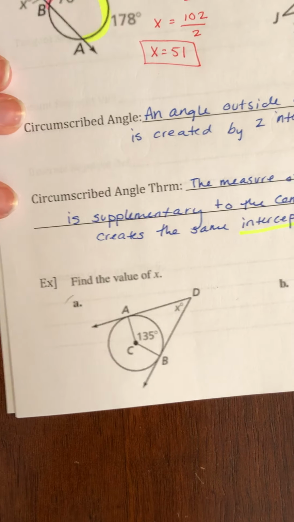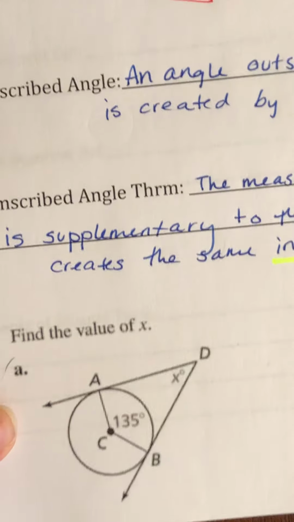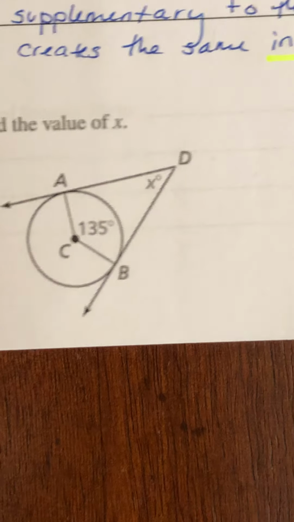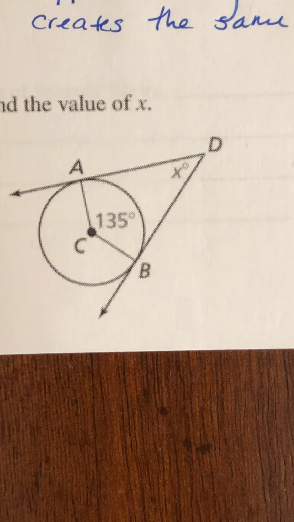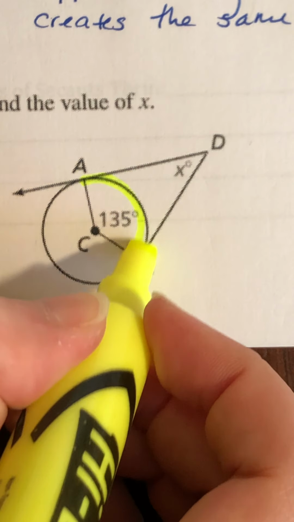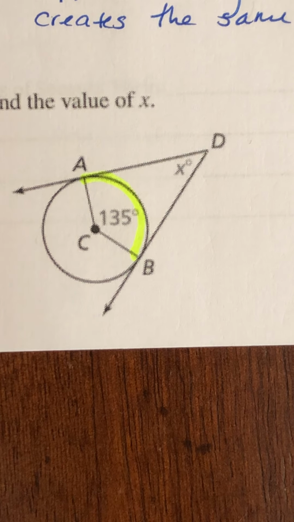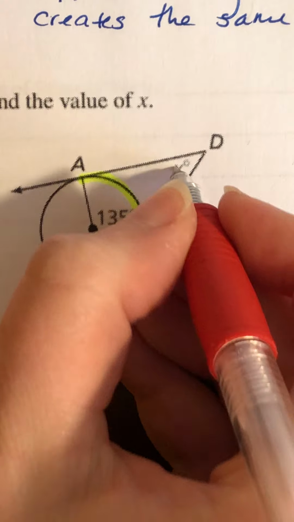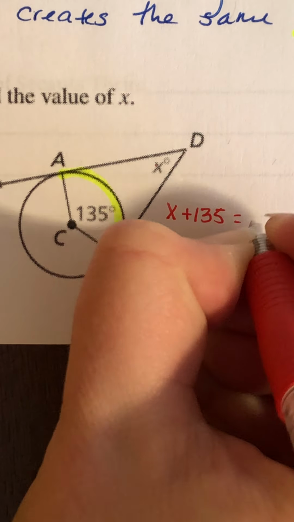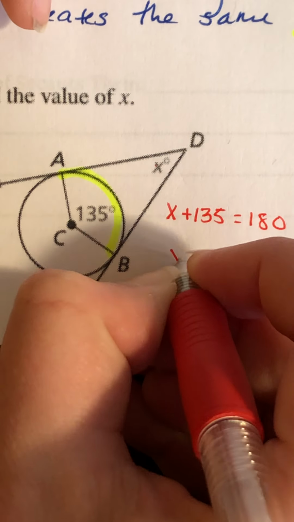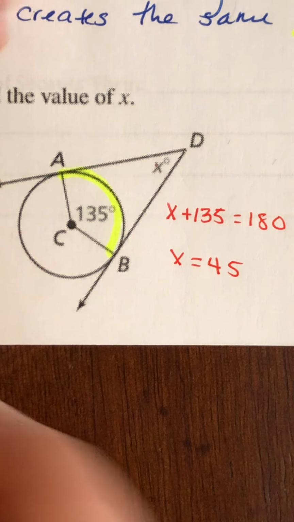So let's use that here. I want to solve for x. There's that intercepted arc. These two together should give me 180. So x plus 135 is 180. So the value of x is 45.